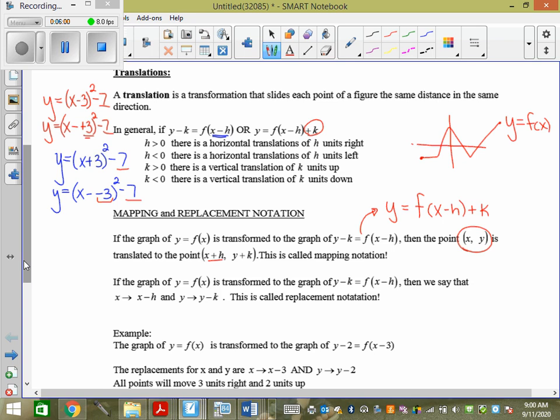So that's your mapping. Why would we want mapping? Because now I can take this mapping and I can apply it to anything to move points. So you use mapping when you're moving coordinates. So when you have a single coordinate, they sometimes ask you, or if you have a graph and you need to move it, you're going to use mapping every single time.